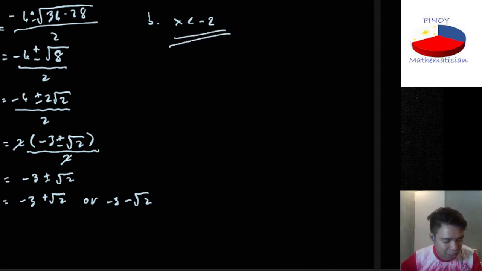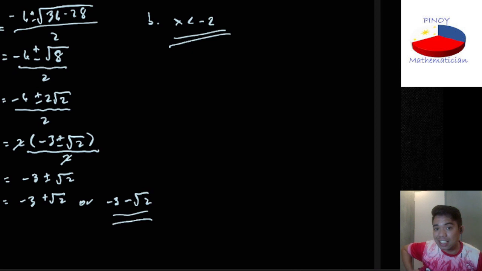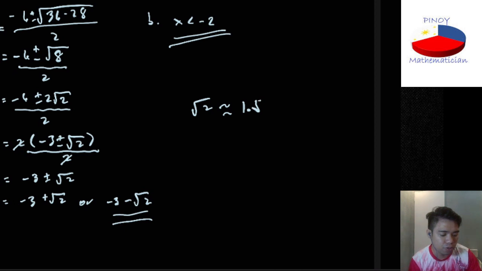For negative 3 minus square root of 2, obviously that is smaller than negative 2, because it's negative 3 and then you subtract another positive number, so it's going to be lesser. Square root of 2 is approximately 1.5, so negative 3 minus 1.5 is around negative 4.5.